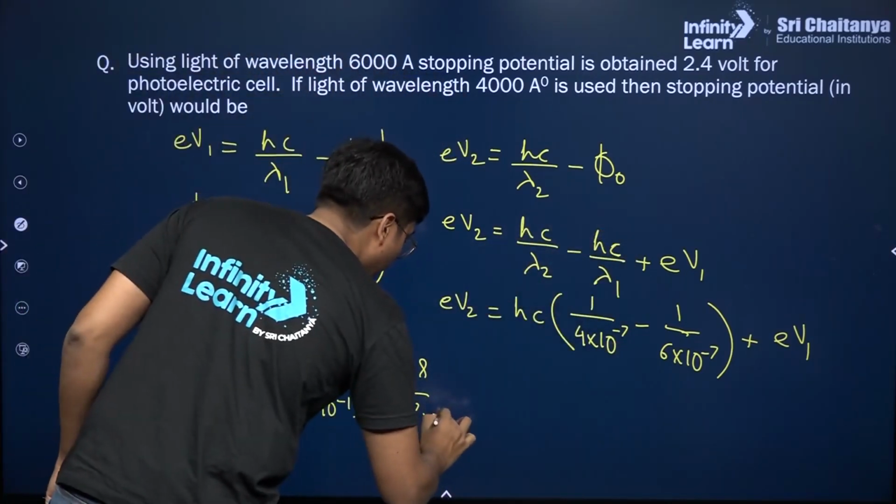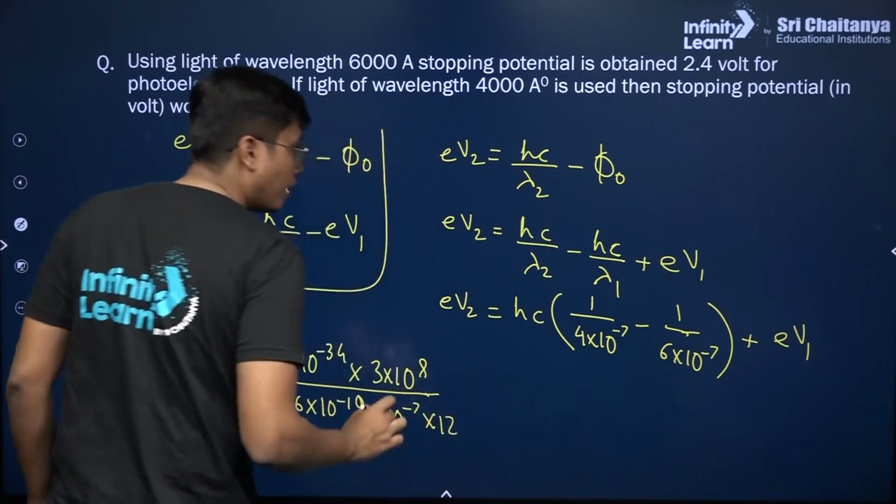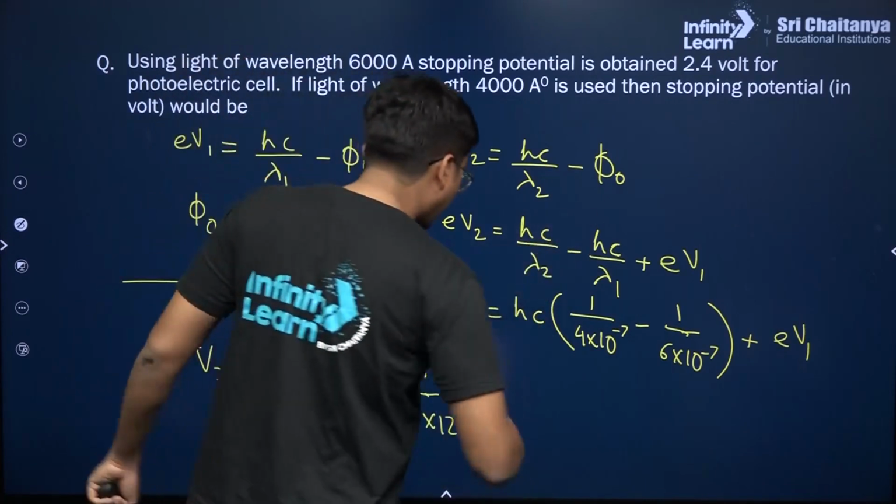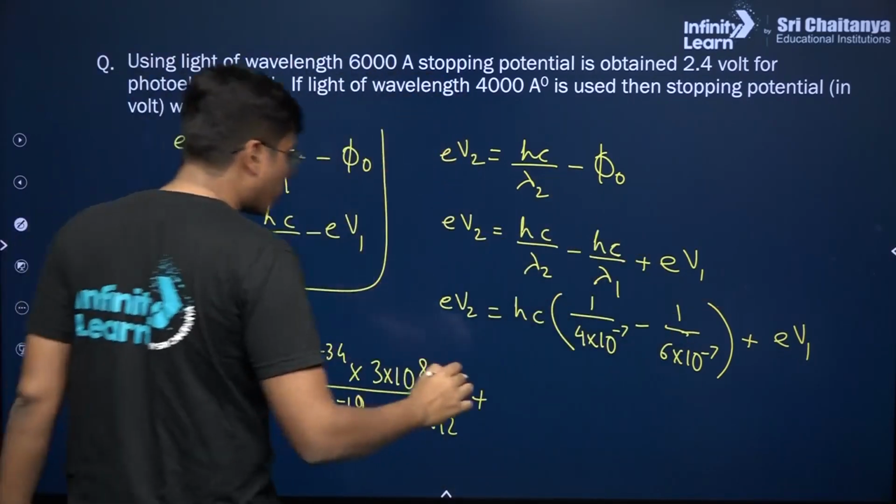So you'll get a 12 out here. And you also have the plus eV1. Since you brought the e down, that cancels out. So you just have V1, that is 2.4 volts.